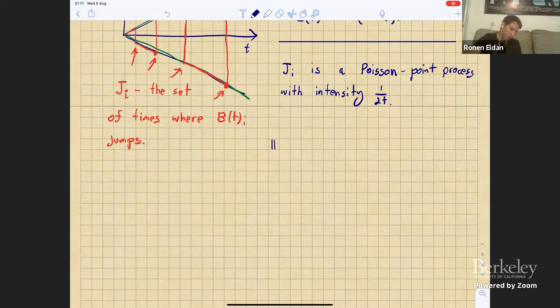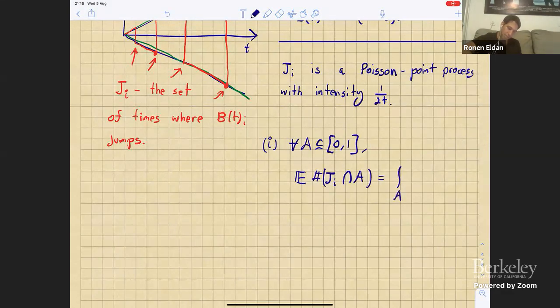It's uniquely defined by the two following properties. For every subset A of my time axis 0, 1, the expectation of the number of jumps inside this set, the size of J sub i intersected with A, is equal to the integral over the set A of 1/2t dt.